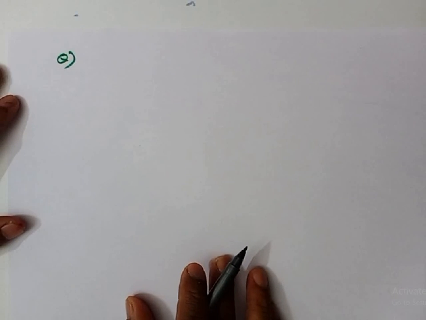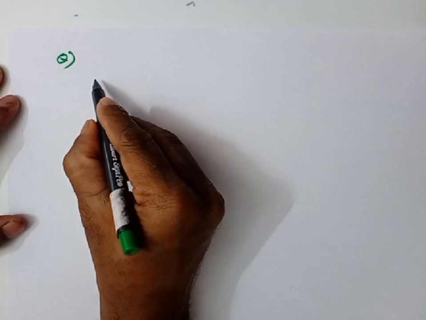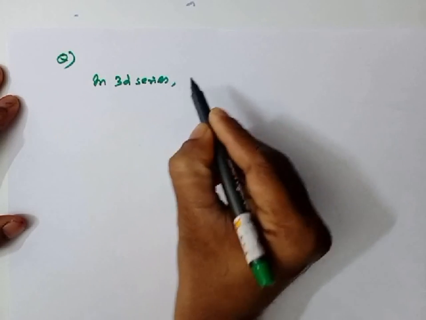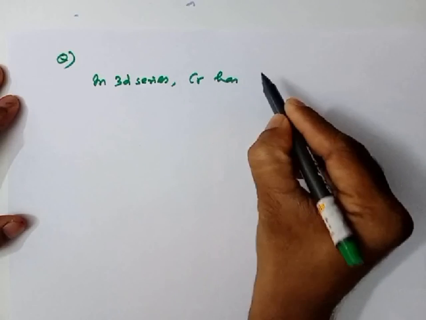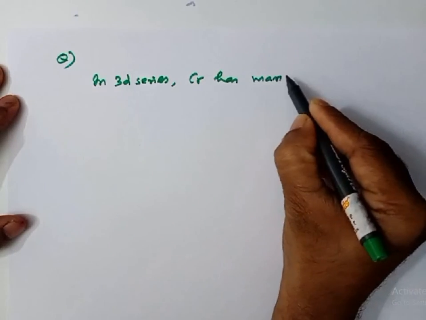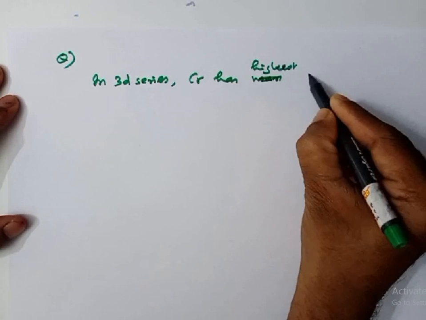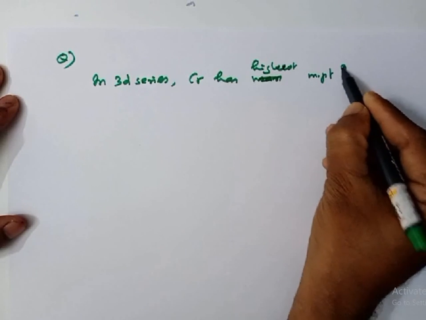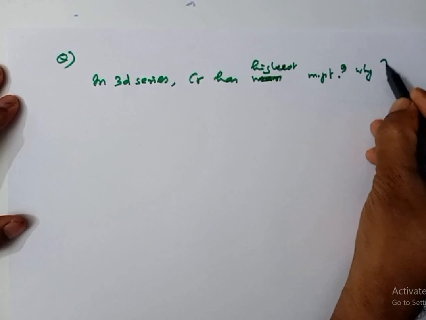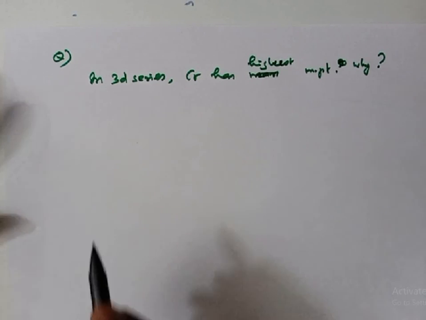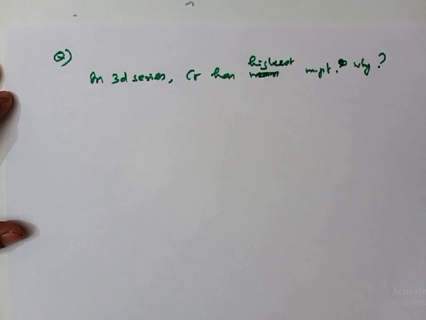Questions. Students, tell me, in the 3D series, chromium has the highest melting point. Why? Strong metallic bonding. Very good, ma'am.